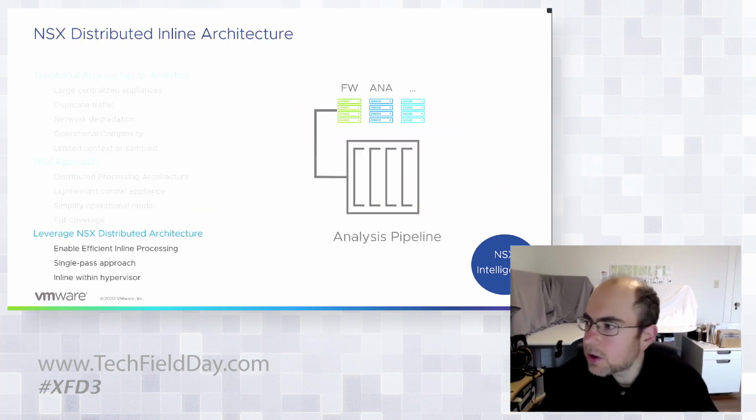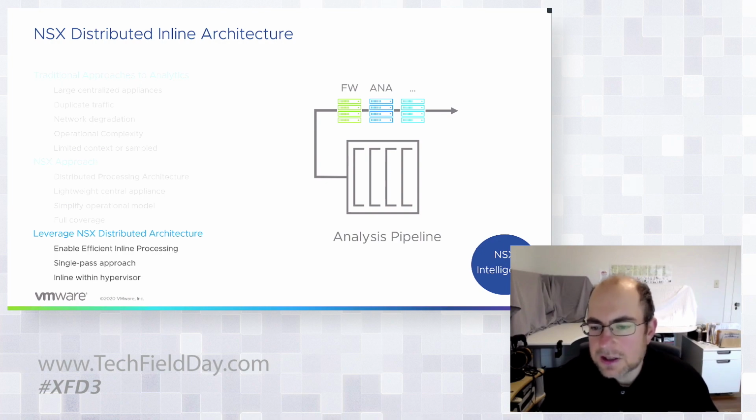Right, and this is possible because of that NSX architecture, right? It allows us to do inline processing for multiple features, whether it's firewalling, traffic redirection or copying, IDS like Stein showed, or analytics, right? We can do this directly at the virtual interface in kernel space at very low overhead.